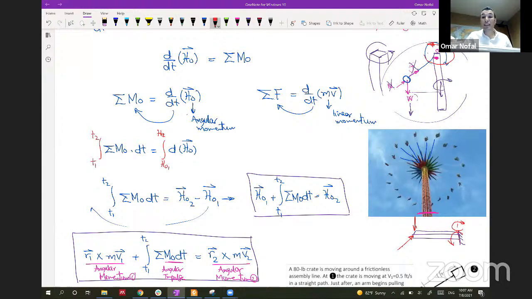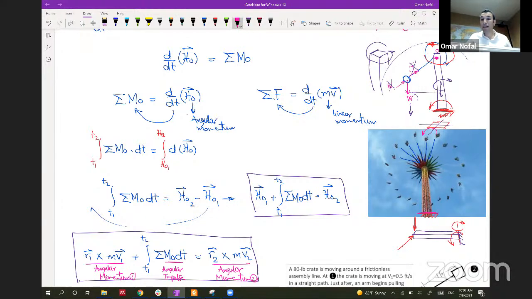So the weight will not be exerting any moment in the plane of motion, but it will exert a moment here. If this column is fixed at this location, it will make a moment like this at this location. And if you imagine that this is a cross section, and this is the XY of the cross section, the weight will be exerting a moment about this axis.